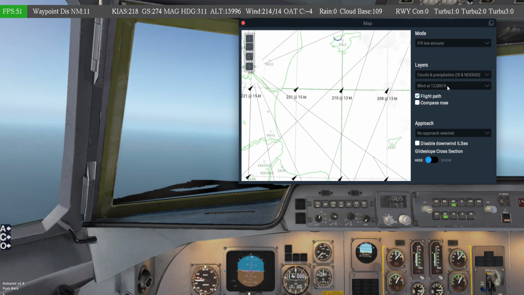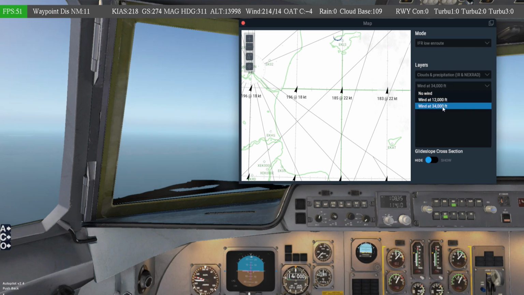In the navlog here you could also get a reference of the wind. However, it is only for 2 levels. It would have been nice if you could set it for what altitude you would like, instead of just having 12,000 feet or 34,000 feet, because now I'm flying in an aircraft type like this. As I mentioned, it would get up around 20,000 feet.